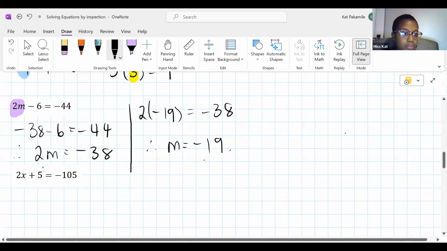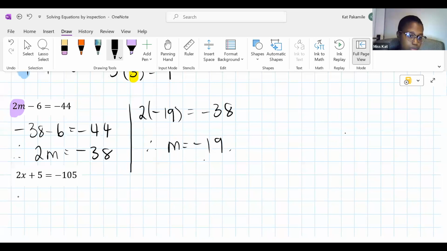People are jumping steps and I see incorrect answers because we're not listening. Okay. Which number plus 5 will give you negative 105? So far, I have seen so many different answers. I'm not sure. Which number plus 5 will give you negative 105?